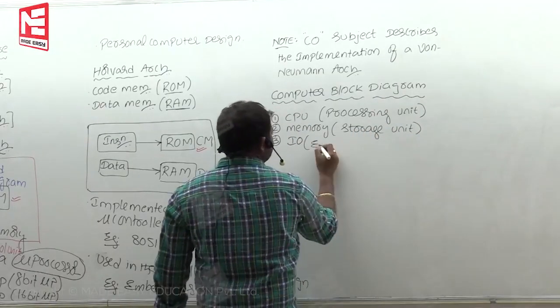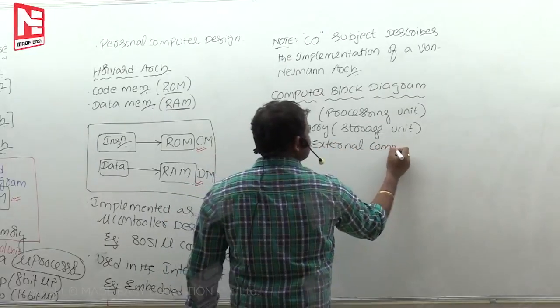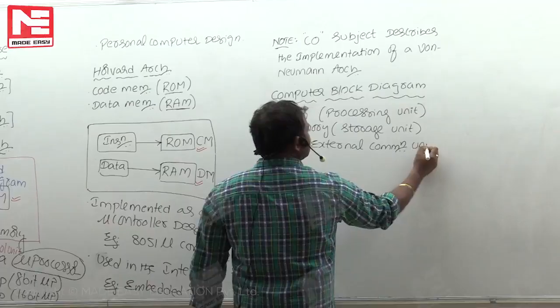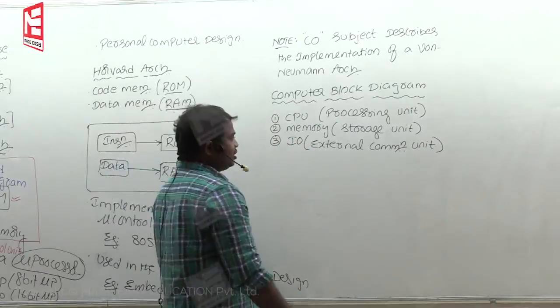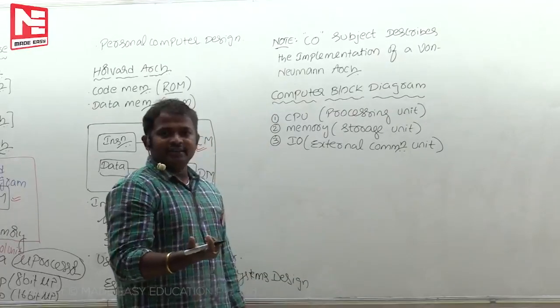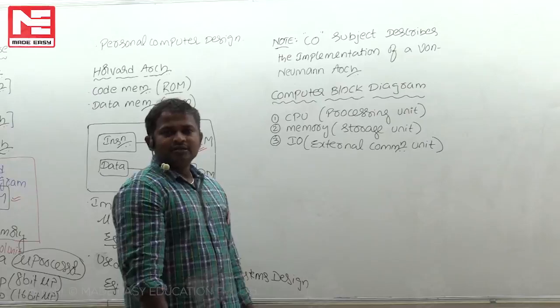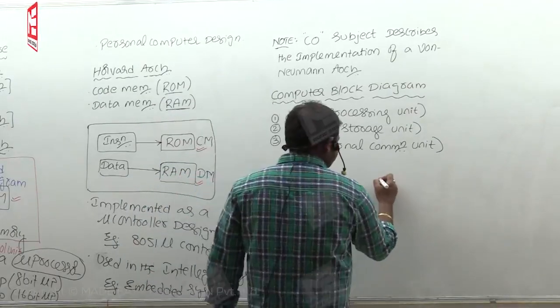IO is an external communication unit. Okay, processing unit, storage unit, external communication unit. These three components communicate with each other using the system bus. The system bus is the backbone of the computer. It looks like this.